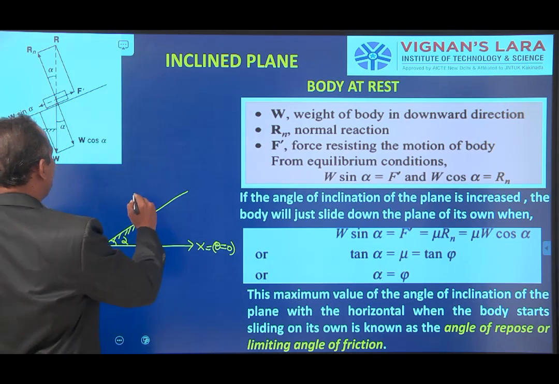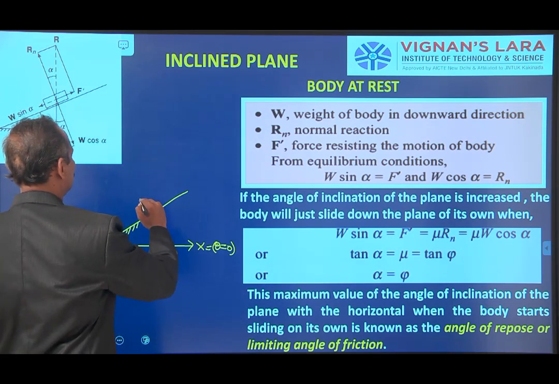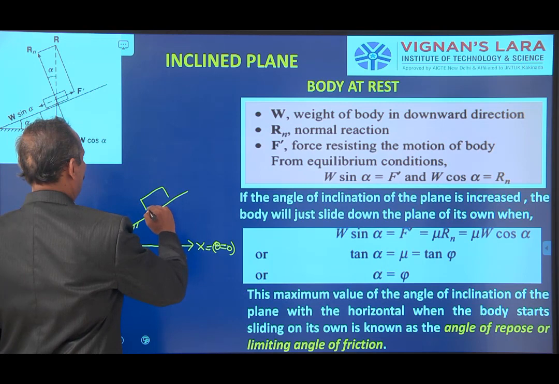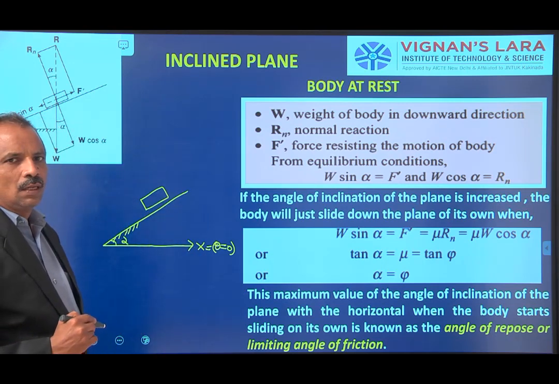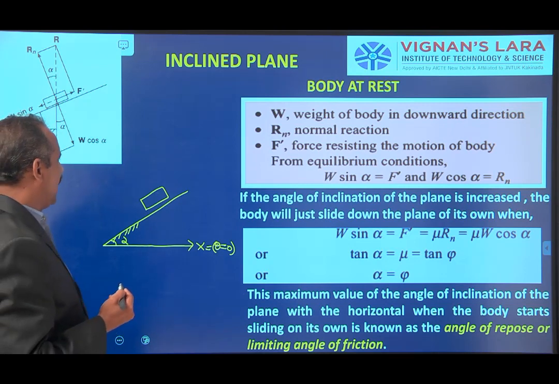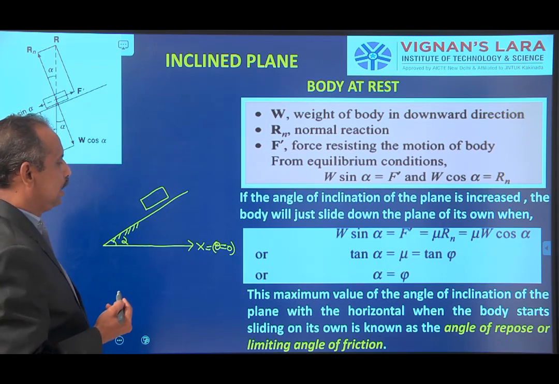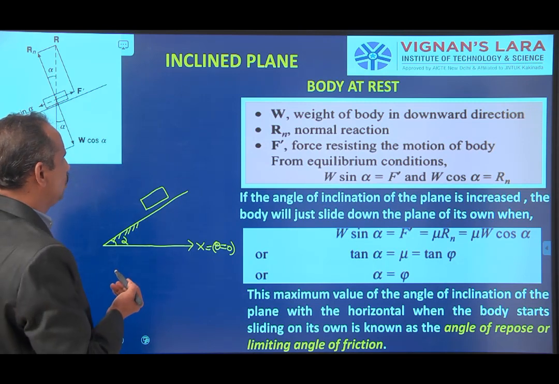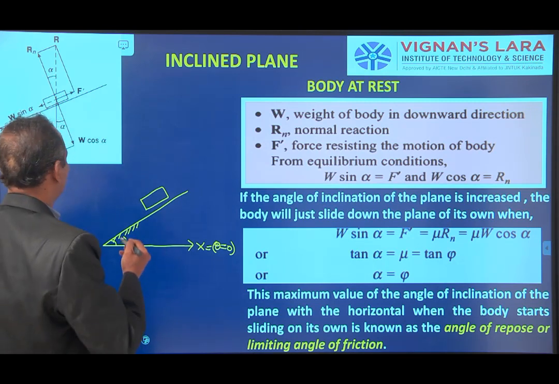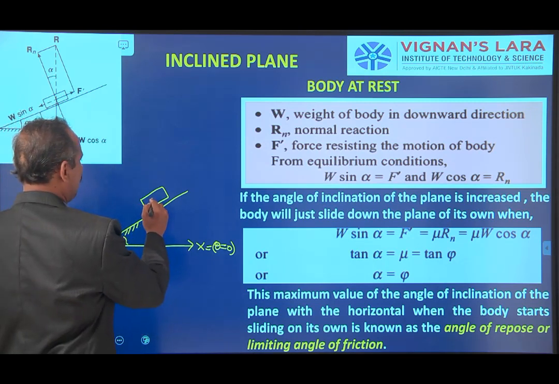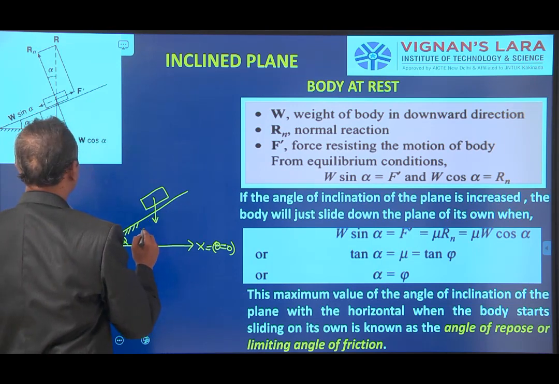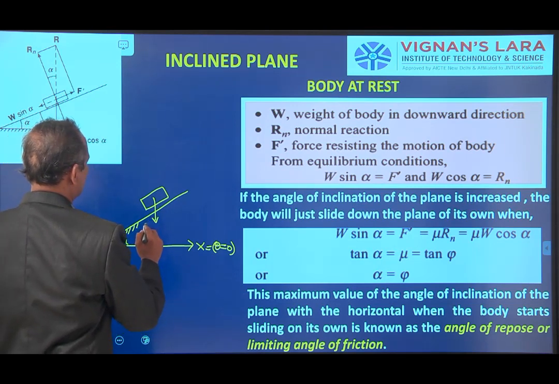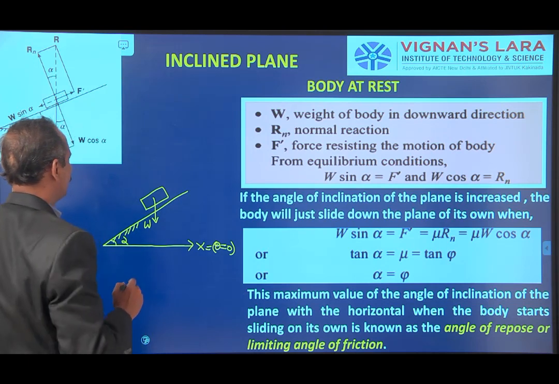Suppose I keep an object on this inclined surface. What are the forces acting, and what is the limiting angle of friction that is going to happen here? Let us see. This is the body, where the self weight W acts vertically downward.